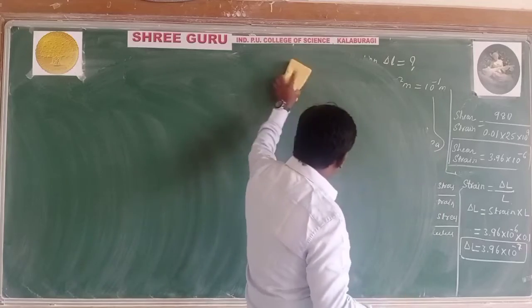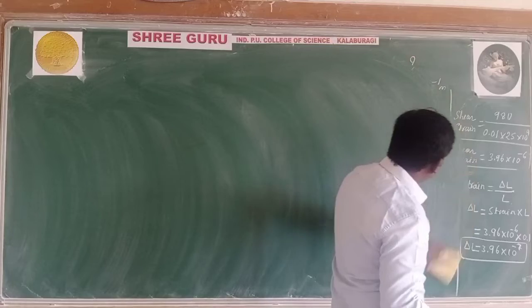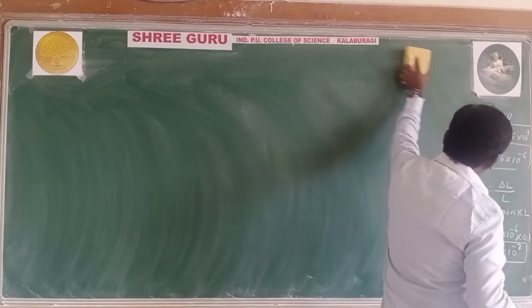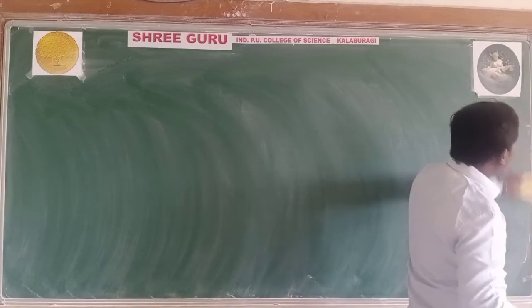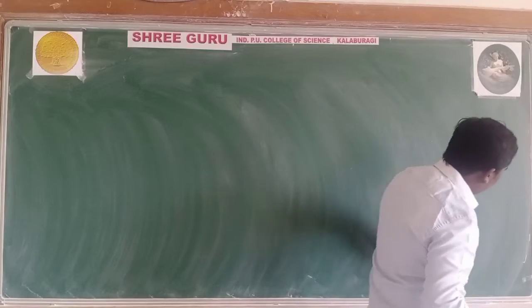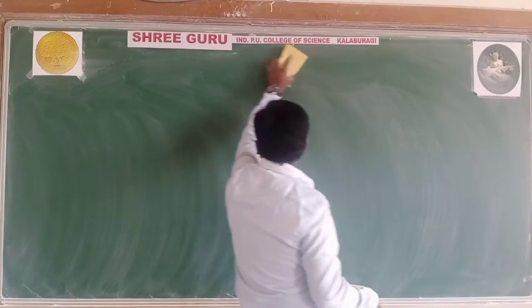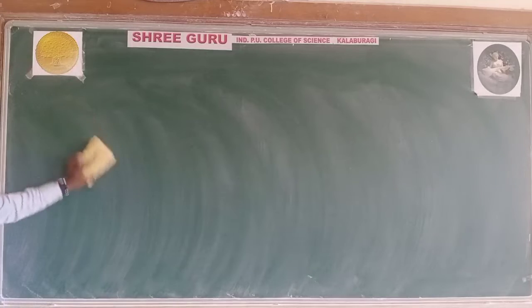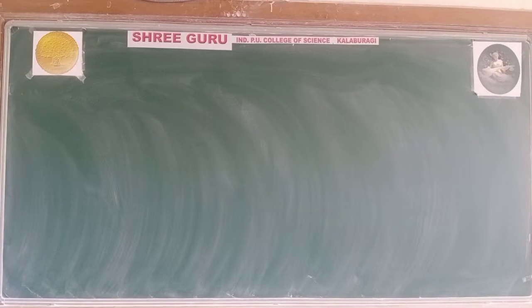Before going to solve the numericals, you should note the formulas and understand the formulas and terms explanation very clearly. Then only it is very easy to solve the numericals.